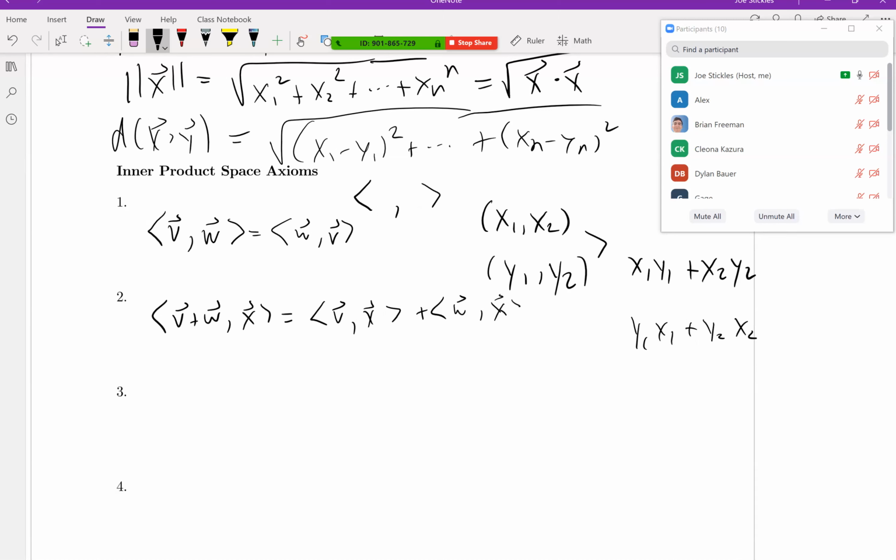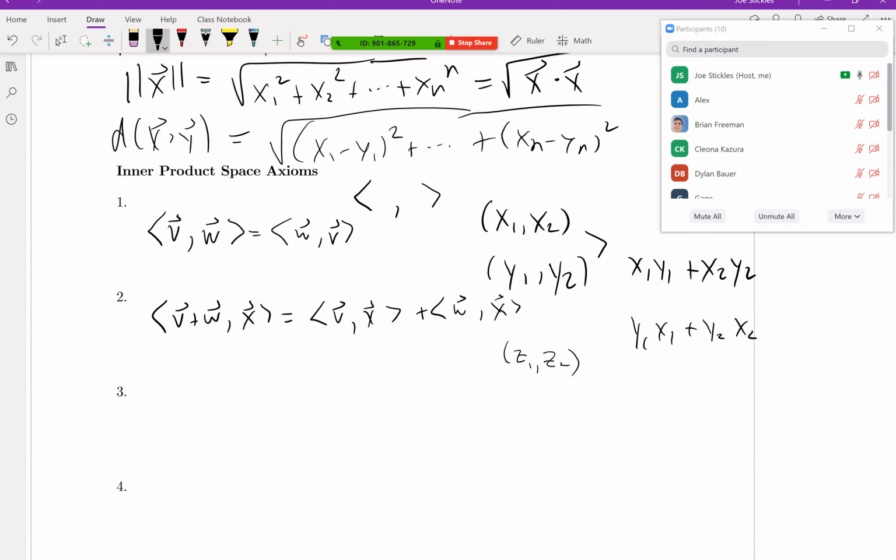We've seen that type of property before when we've talked about general vector spaces, that we like scalar multiplication to distribute over vector sums. Same kind of idea here with dot products or inner products. So say I added a third vector in here just to illustrate again this property for vectors in Rn, and specifically vectors in R2, just for simplicity's sake.